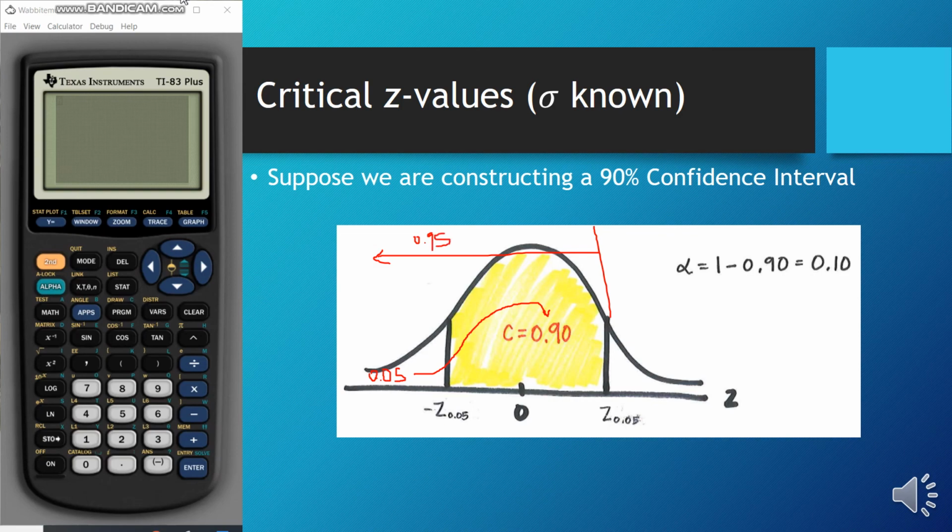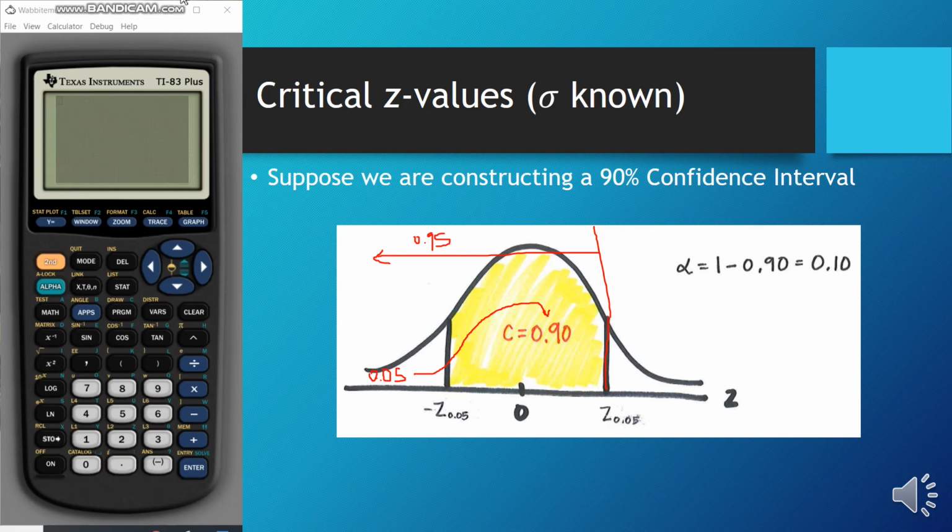Excuse my bad handwriting, I'm using the mouse. So that tells me that the area to the left of this line right here would be 0.95 because that's 0.90 plus 0.05.